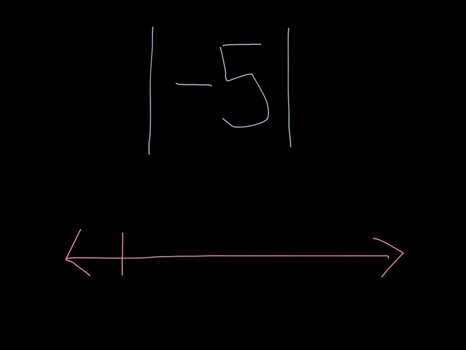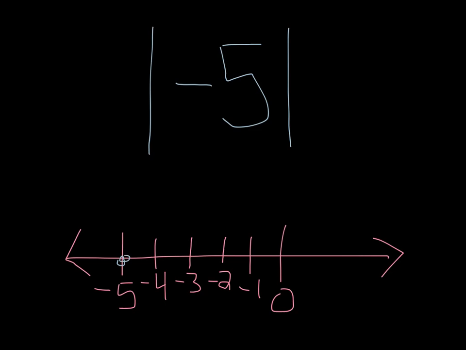So you're looking at negative 5, and you want to see how far is negative 5 from 0. What we would do is look at negative 5, and from negative 5, I'm going to plot a dot on negative 5. I'm going to count over how many spaces I have to go to get back to 0. So here we are. 1, 2, 3, 4, and 5.